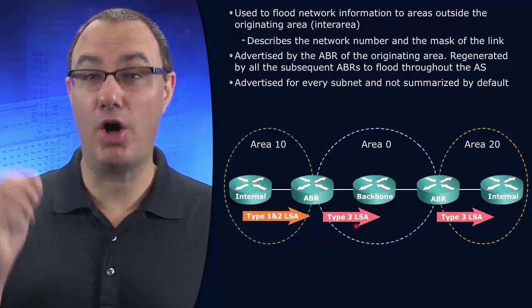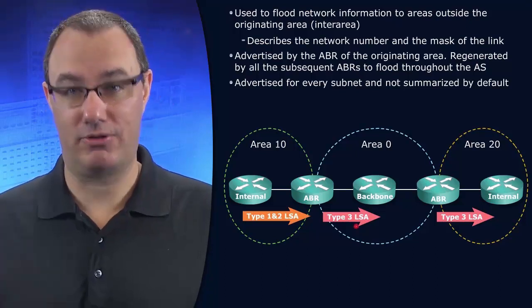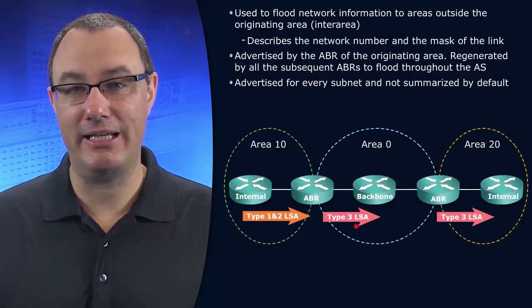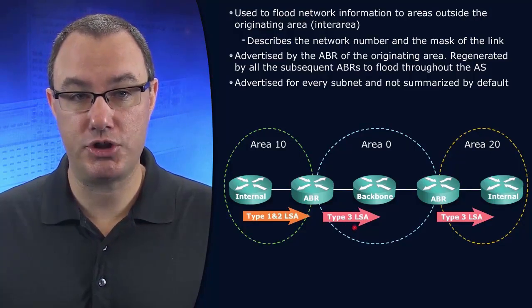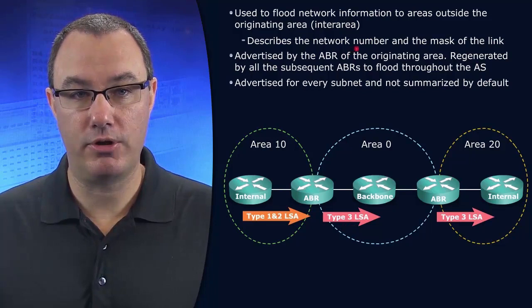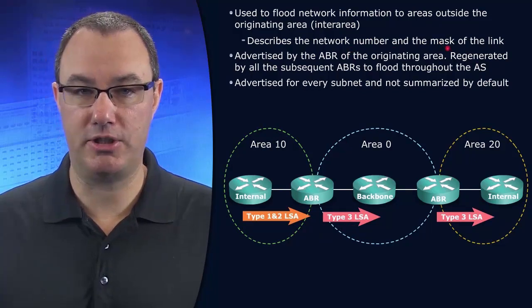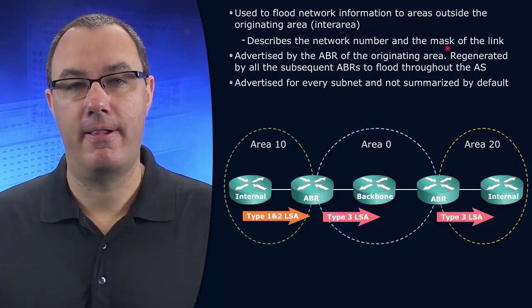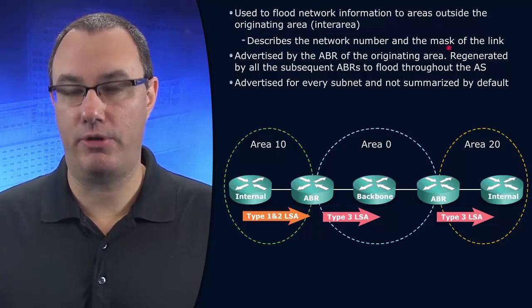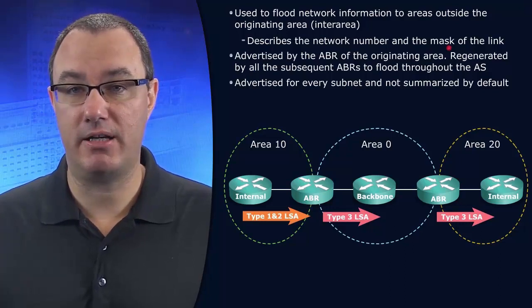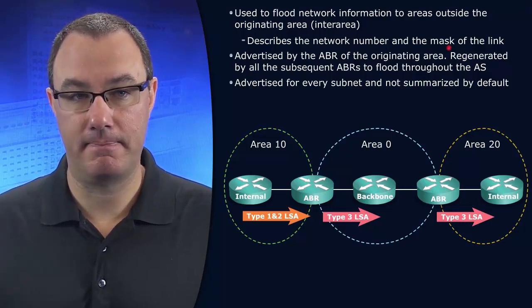Now, it might also be a route summary, but it will only be a route summary if we intervene and change the network number and mask. Really, if we do route summarization, we should only be changing the mask. But that is a manual thing. So I want you to say, hey, summary LSA, not necessarily a route summary.